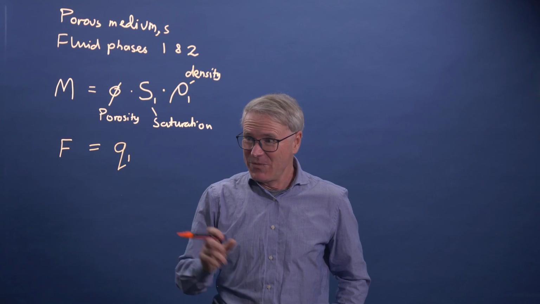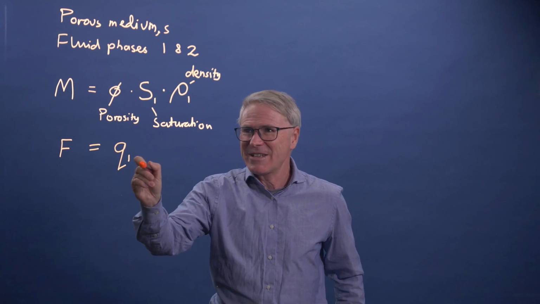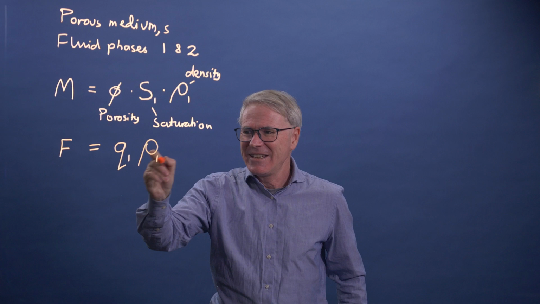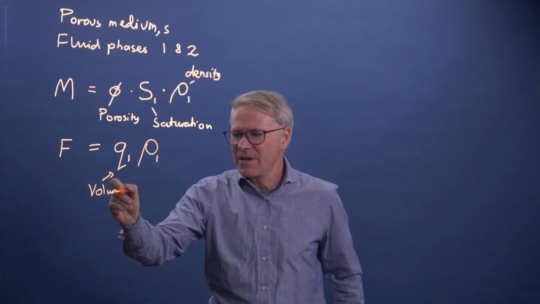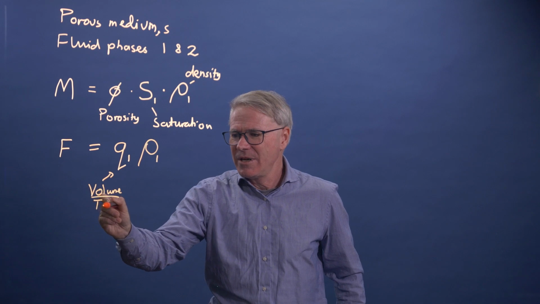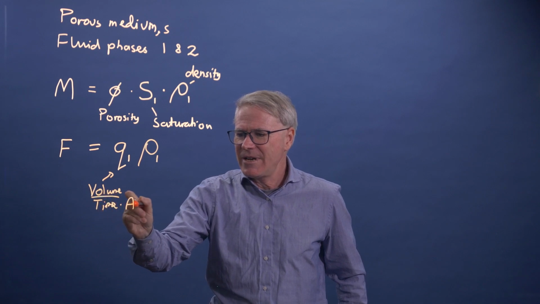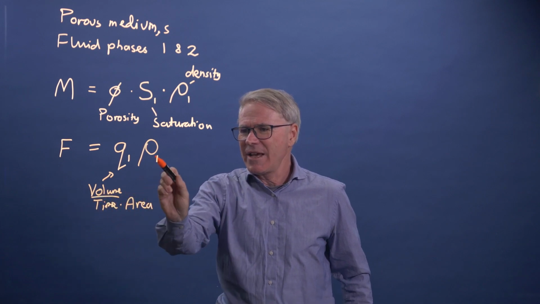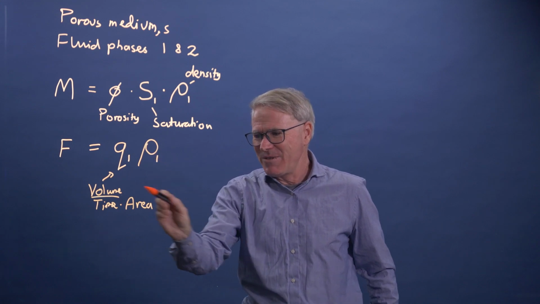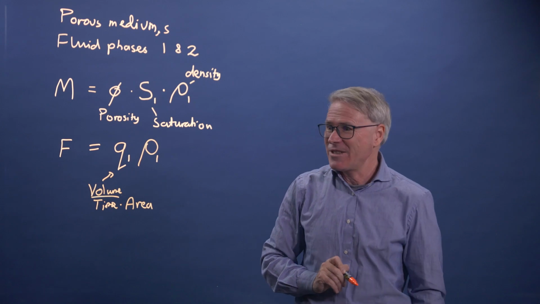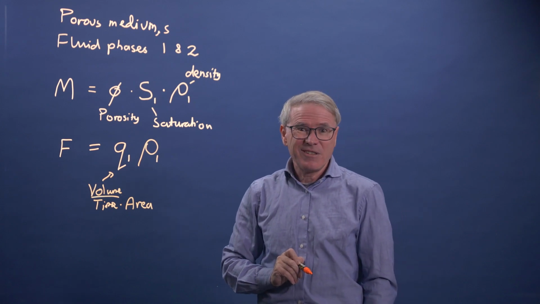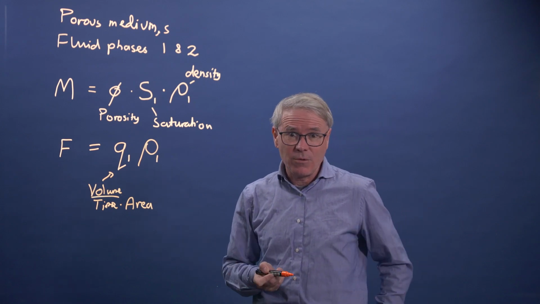It's a volume. So I need to multiply it by density. Okay, so this is my volume per unit time per unit area. Multiply it by density, that's mass per unit volume, so it's mass per unit time per unit area. So it has the right units. So this example is really quite straightforward.